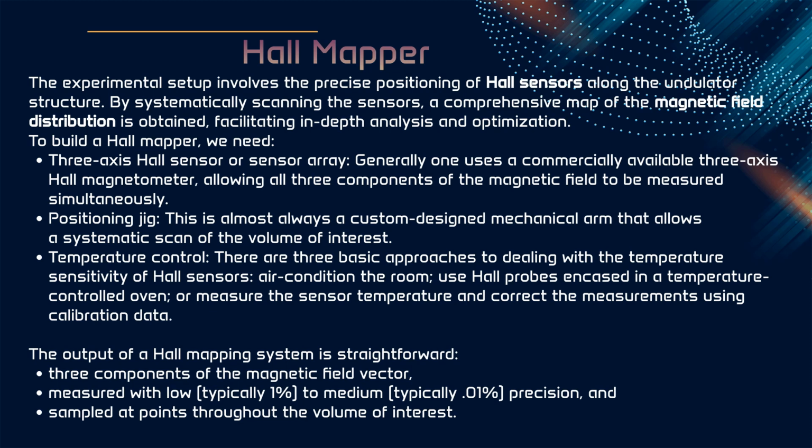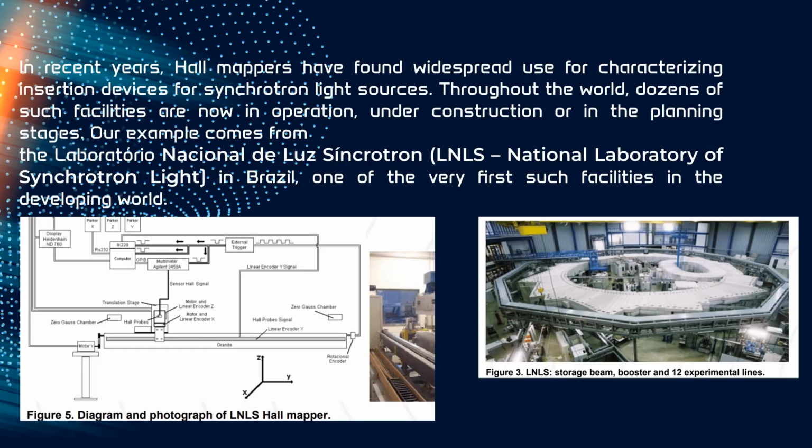The output of a Hall mapping system is very straightforward. We get three components of the magnetic field vector from the Hall mapper, measured with high precision and very high accuracy and sampled at points throughout the volume of interest. Hall mappers have found widespread use for characterizing insertion devices such as undulators for synchrotron light sources.